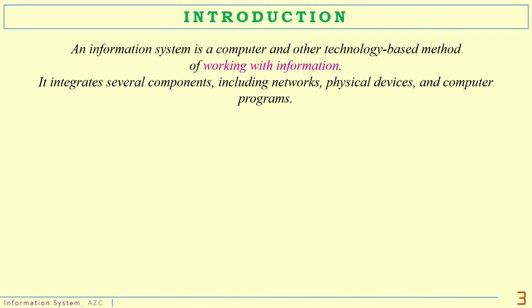Introduction. An information system is a computer and other technology-based method of working with information. It integrates several components, including networks, physical devices, and computer programs.